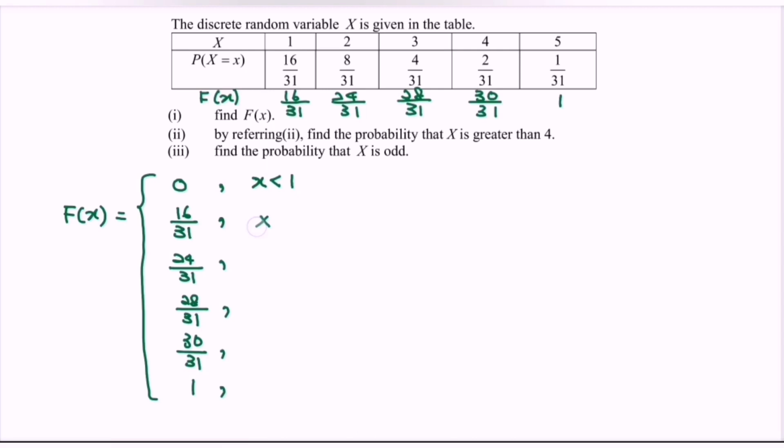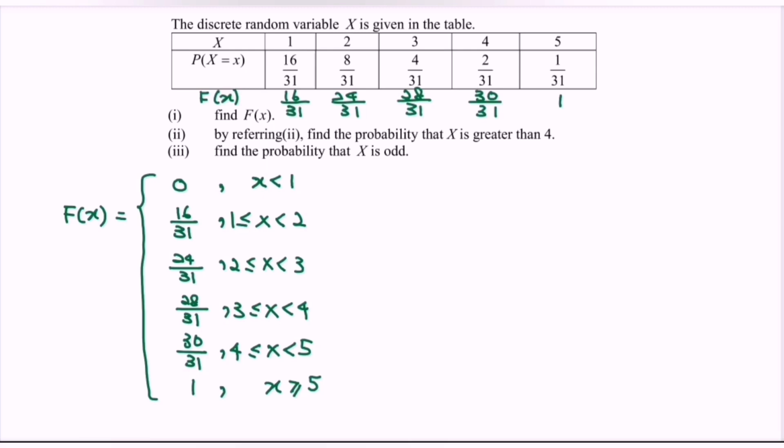Continue, x is greater than or equal to 1 and less than 2. x is greater than or equal to 2 and less than 3. x is greater than or equal to 3 and less than 4. x is greater than or equal to 4 and less than 5. Finally, x is greater than or equal to 5. So that is the F(x).